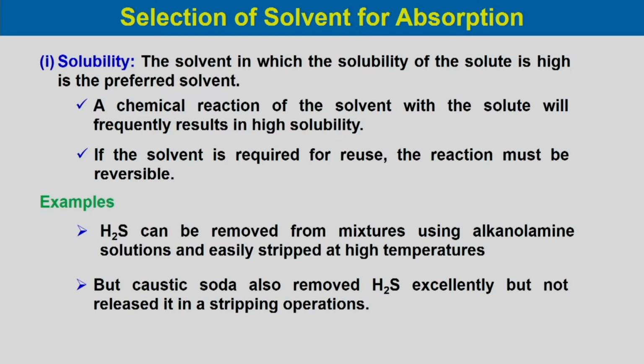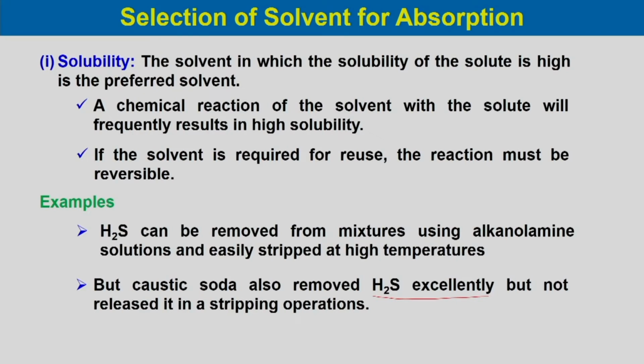If we take the solvent mixture after it reacts with the solute to the stripper or desorption cell and heat it up, the reverse reactions will take place and it will release carbon dioxide or absorbed H2S.